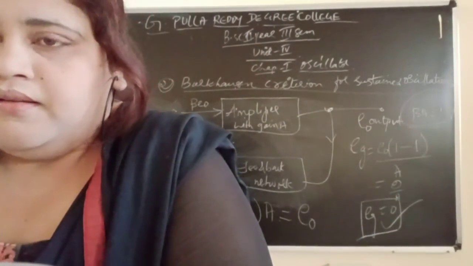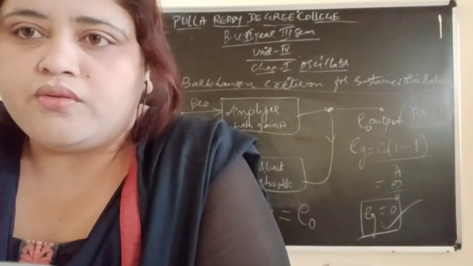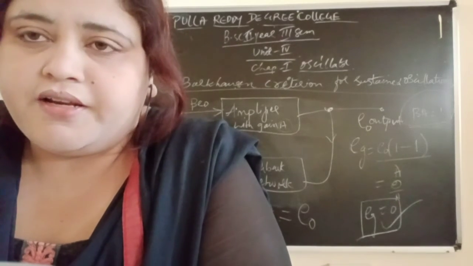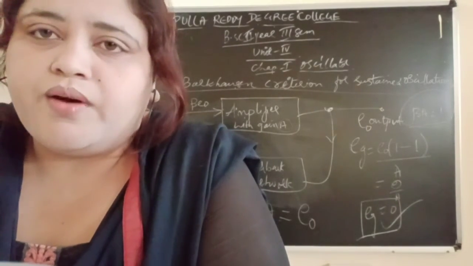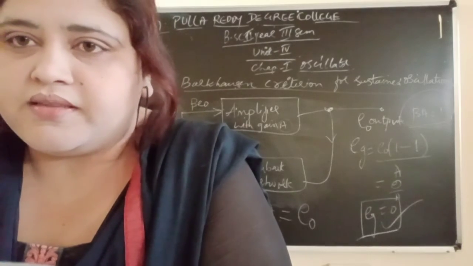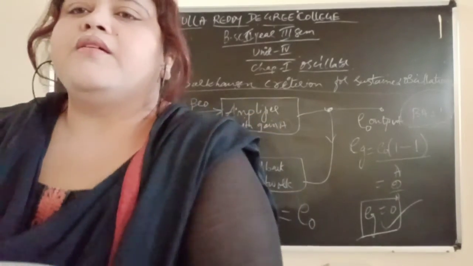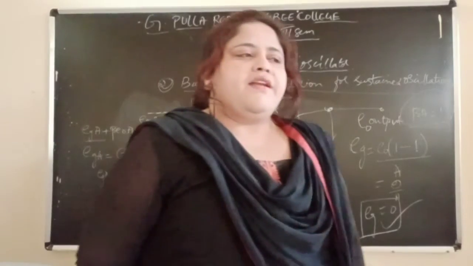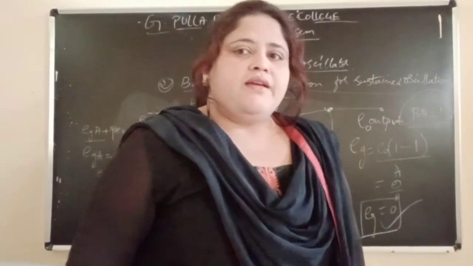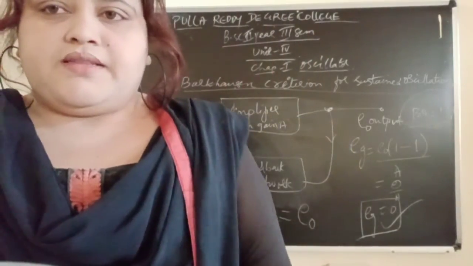That means 180 degrees plus 180 degrees is nothing but 360 degrees. By this we will come to know that beta A equal to 1 is the Barkhausen criteria.